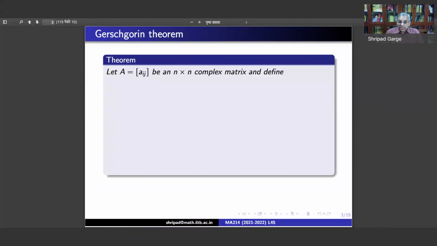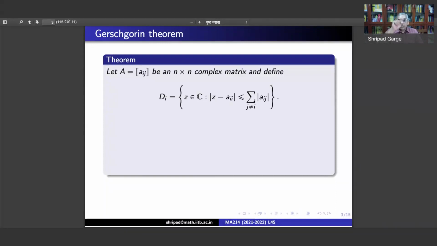Once we have this, we define these disks. Disks mean that you have a point and you take a certain radius around the point, and you take all points within that disk. So you draw a circle around some point, and within the circle you consider all those points.